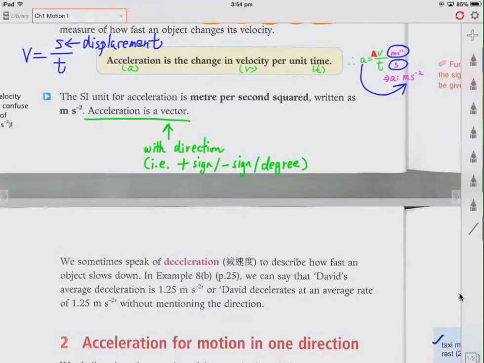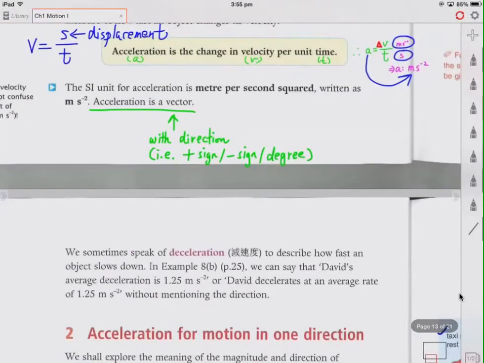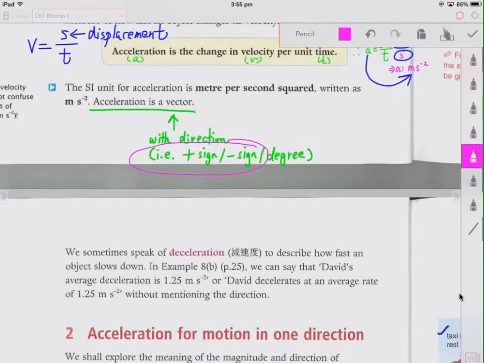So underline, acceleration is also a vector. So now you have learned a few physical quantities that are vectors: displacement, velocity, and acceleration. These three include not only the magnitude, but also the direction. It means that the positive or negative sign shown in your answer means the direction.